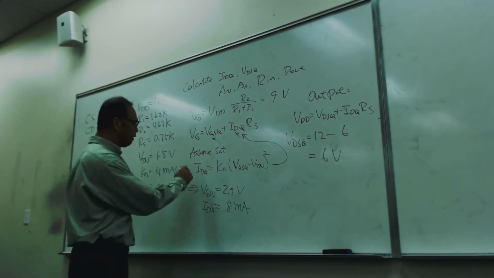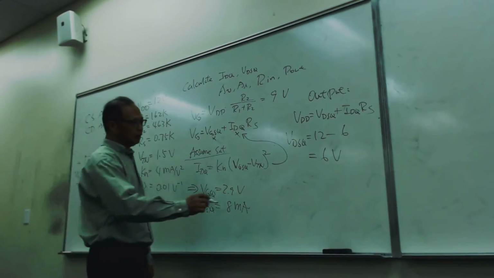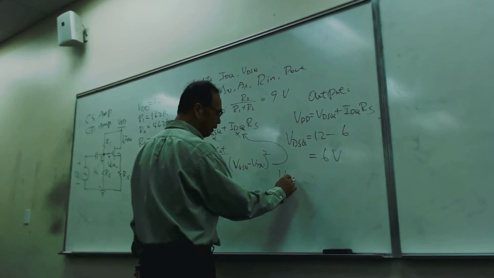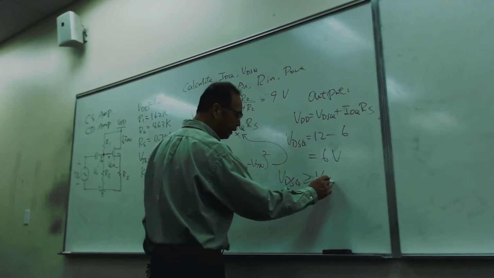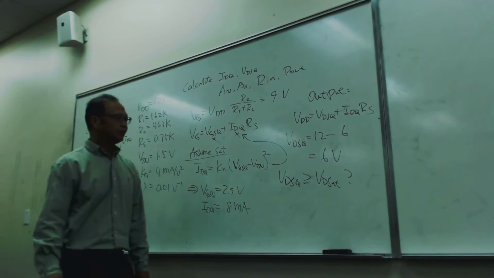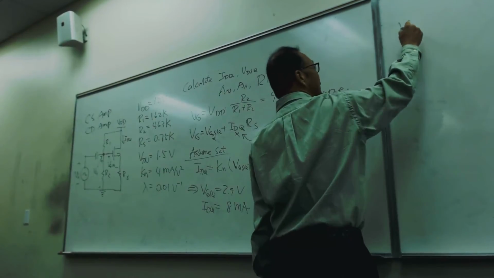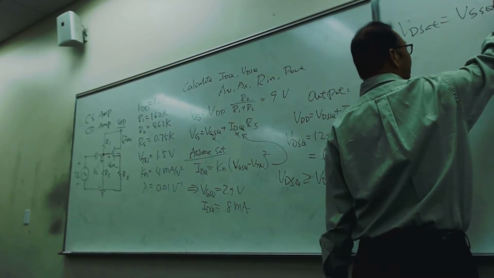Okay, now we have to verify this assumption. So the question is, VDSQ larger than or equal to VDSAT? Yes? So what's VDSAT? VDSAT is equal to VGSQ minus VGN, right?